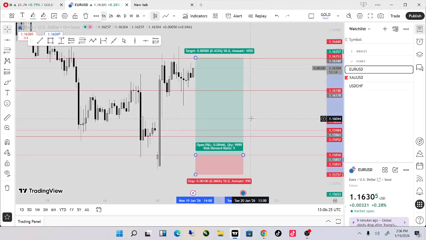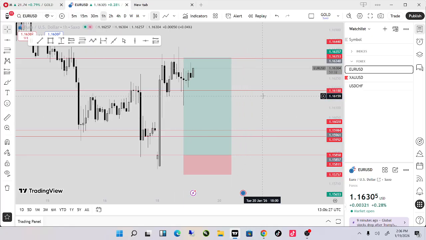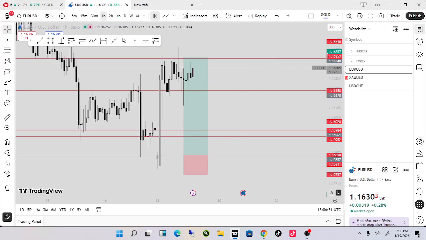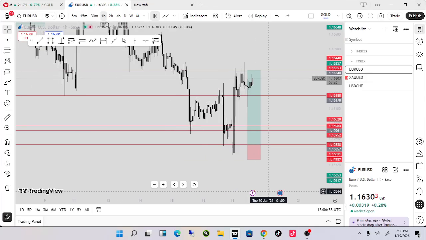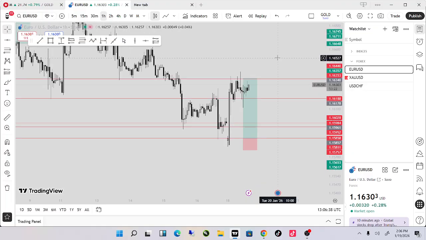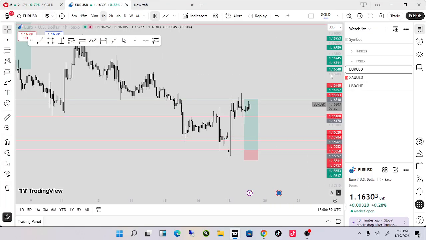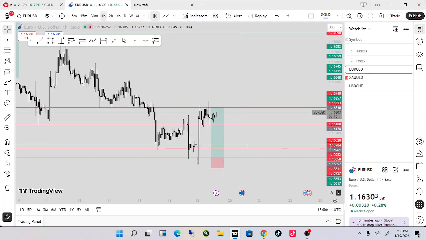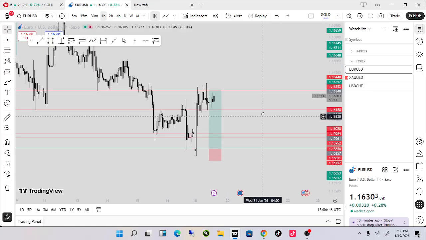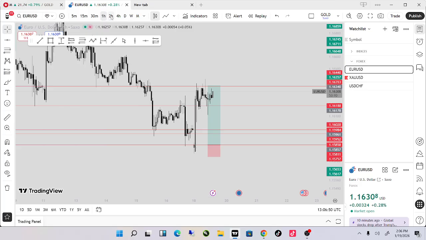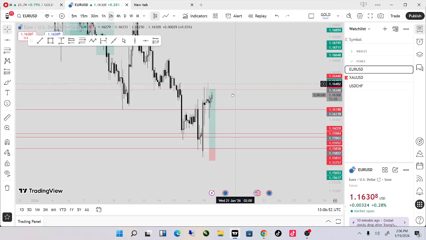So this is what I'm going to do: be patient enough and see how price reacts from this particular level. Let's say you're risking $10 on this trade. At the end of the day, you should be expecting around $50 on this particular trade, if it goes in our direction.